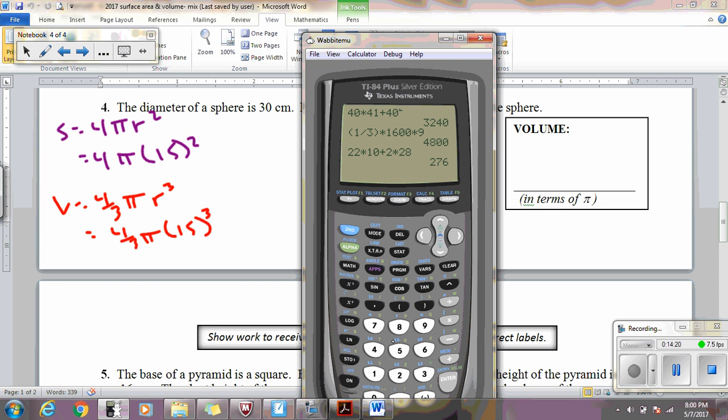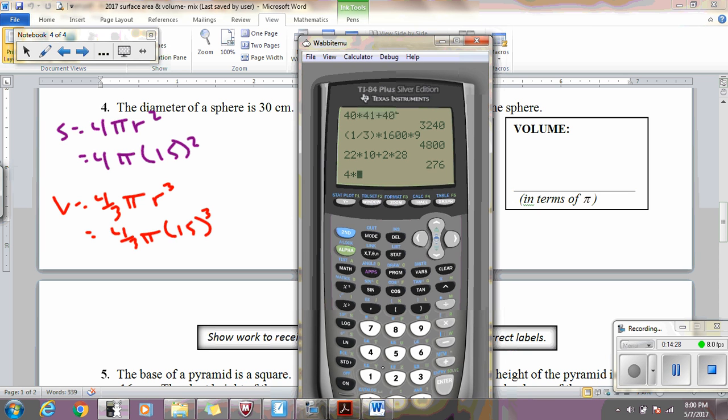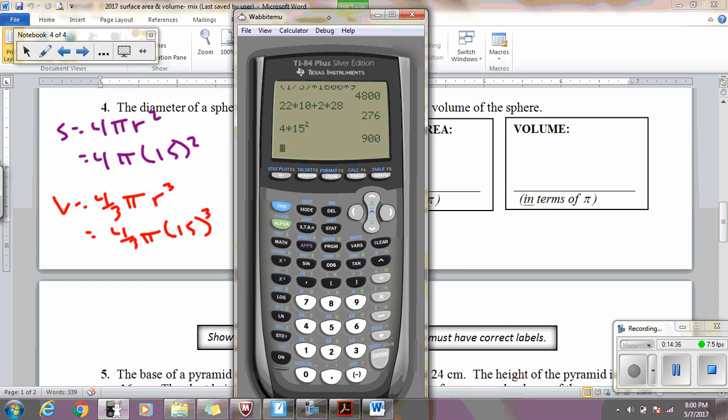So for the surface area, again, I'm putting everything in except for pi. So 4 times 15 squared. So my surface area is 900. Now for the volume, 4 over 3 times 15 to the third power.